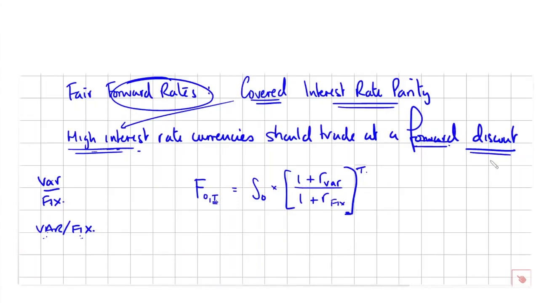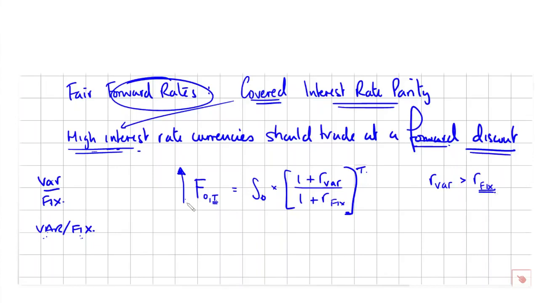For example, if R_VAR, your variable interest rate, is higher than your fixed currency interest rate, then obviously your forward rate is going to be higher than your spot rate, because this second term here is going to be greater than 1. Now, what does that mean, the forward rate being higher? Don't forget, if the quote goes up, it's the base currency, the fixed currency, that's strengthening.